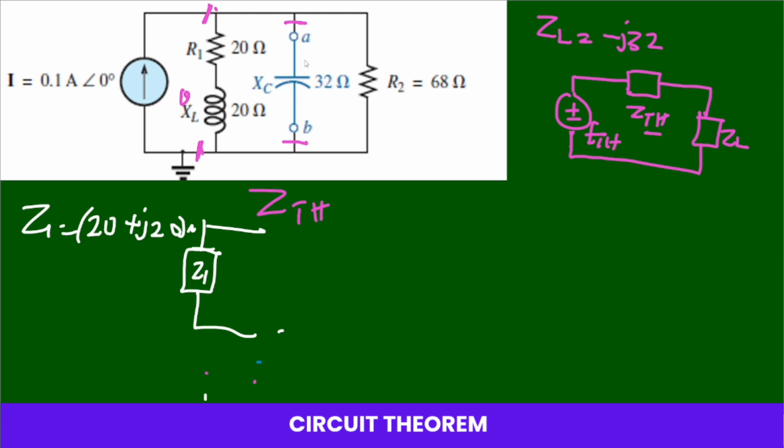And then we have that of Z2. So here Z2 is just only the real part, R2, equal to 60 ohms.